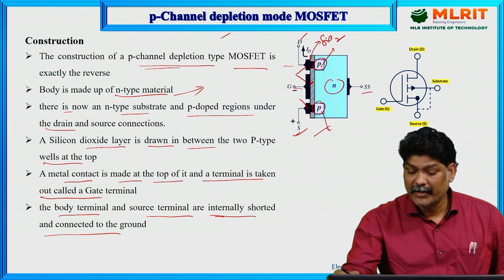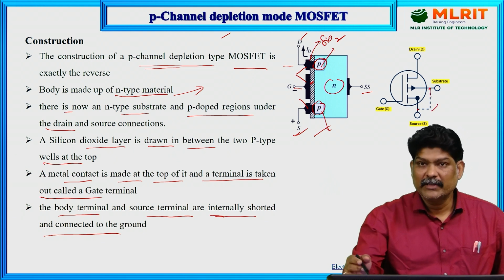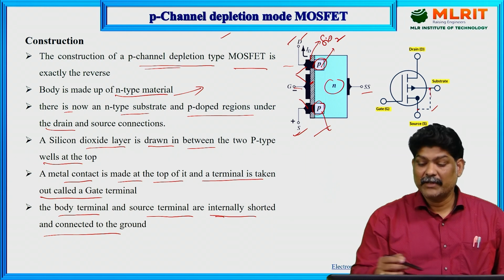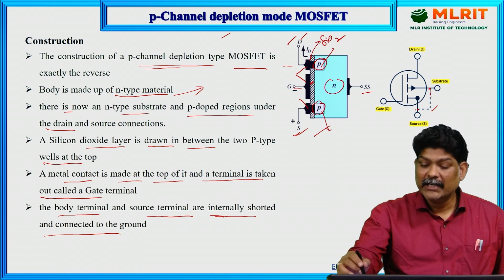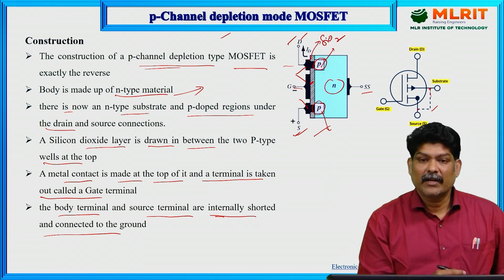You can observe that the substrate and source terminals are internally connected, so although it has a substrate, the device is viewed as a 3-terminal device. This is the basic construction of the P-channel depletion mode MOSFET.